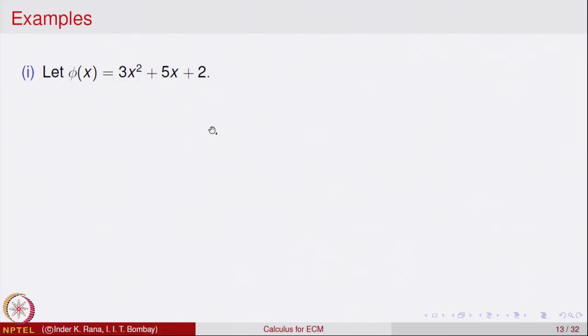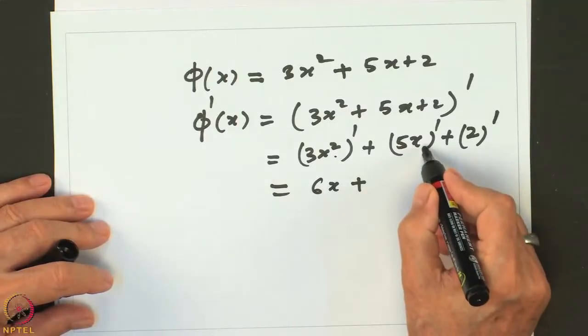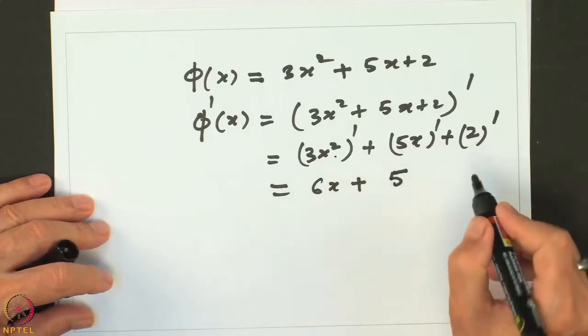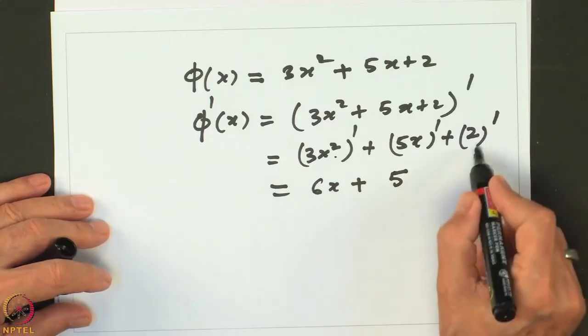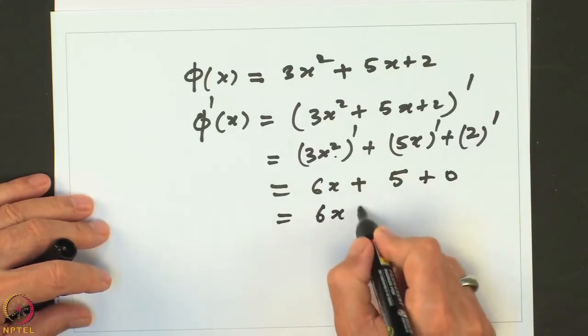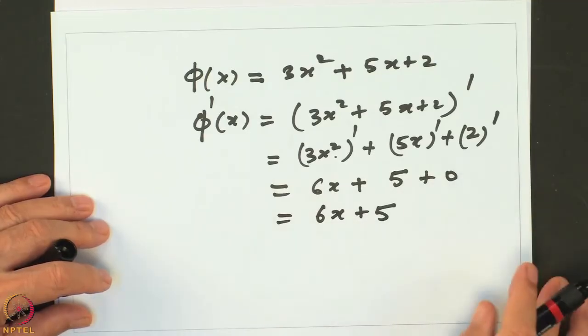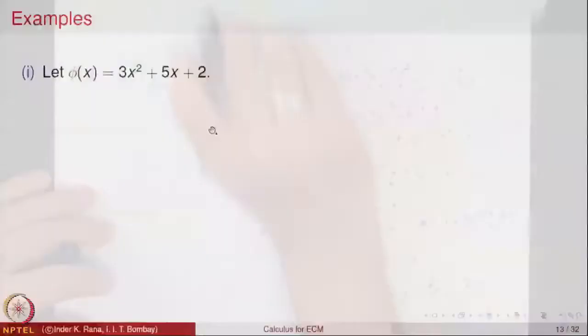We saw the derivative of x square is 2x, so that is 6x, plus the derivative of 5x, which is 5. For the linear function y equal to mx, the derivative is the slope. For the constant function, it is 0. So, that gives us 6x plus 5. So, the derivative of this using the sum rule is 6x plus 5.